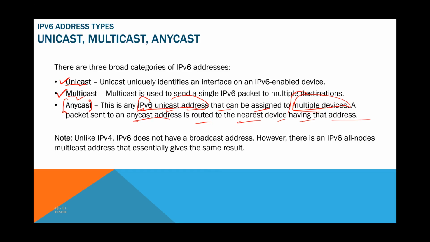When you hear Anycast, it is an IPv6 Unicast address that can be assigned to multiple devices, and there will be no problem. There will be no complaint. If you try this in IPv4, there will be complaint. In IPv6, no complaint, no fight, no quarrel. It will work. It's a new concept. So take note of that.